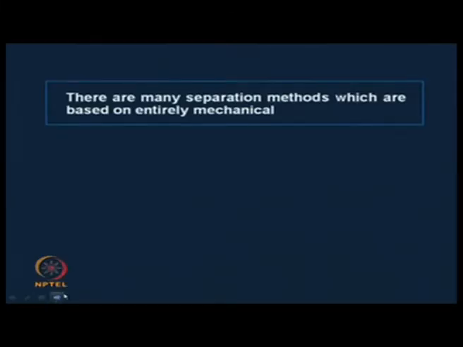We chemical engineers want to separate the constituents of a mixture in a relatively cheaper or economical way, and the processes which we use are far different from the laboratory scales.